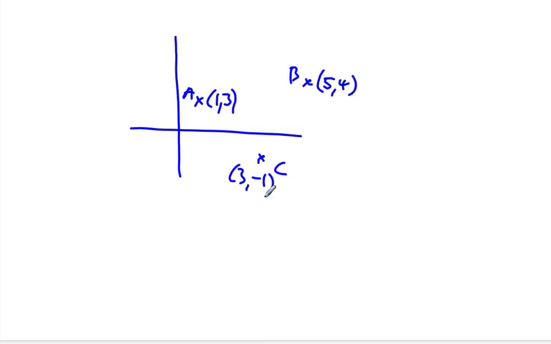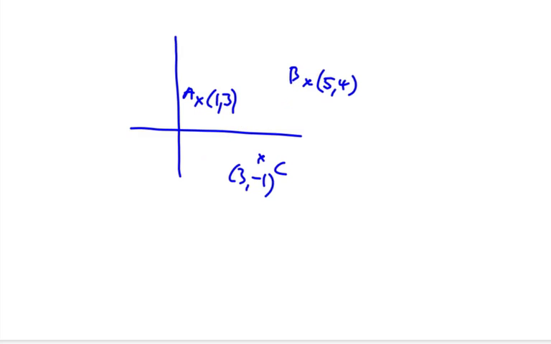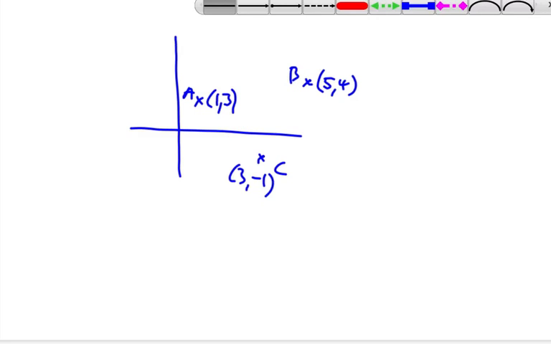So initially anyway, this is what I'd do. I'd sketch my triangle, and then I would identify what the question was. Again, I'd read it, and it says, determine the equation of the median that passes through B. So that means I've got a line through B that goes like that, which is better.